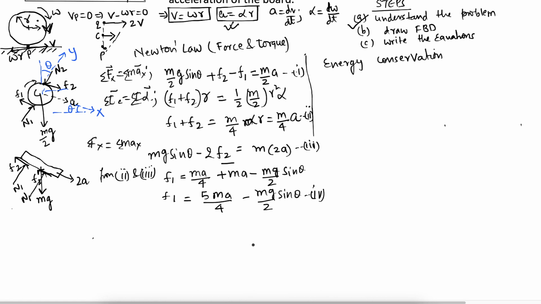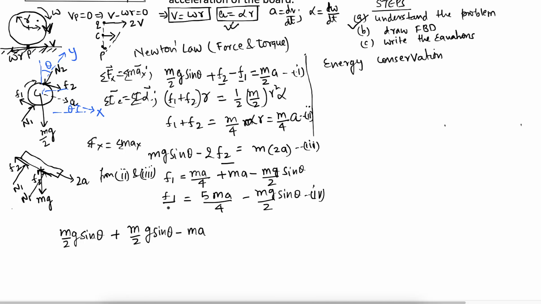And now, using f2 and f1 from here, we'll put them in the first equation and we'll get the acceleration. So let's do that. The first equation is m by 2 g sine theta plus f2. f2, if you see, is nothing but m by 2 g sine theta minus ma, and minus f1.